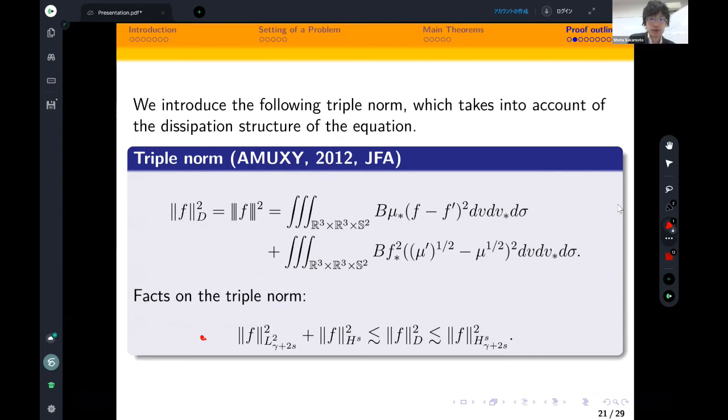The definition of this triple norm is the sum of this. So I believe that if you are not familiar with the non-cutoff Boltzmann equation, probably this is not easy to see why we have to define a norm like this. But instead of explaining that, it can be very technical. So let me show you this estimate.